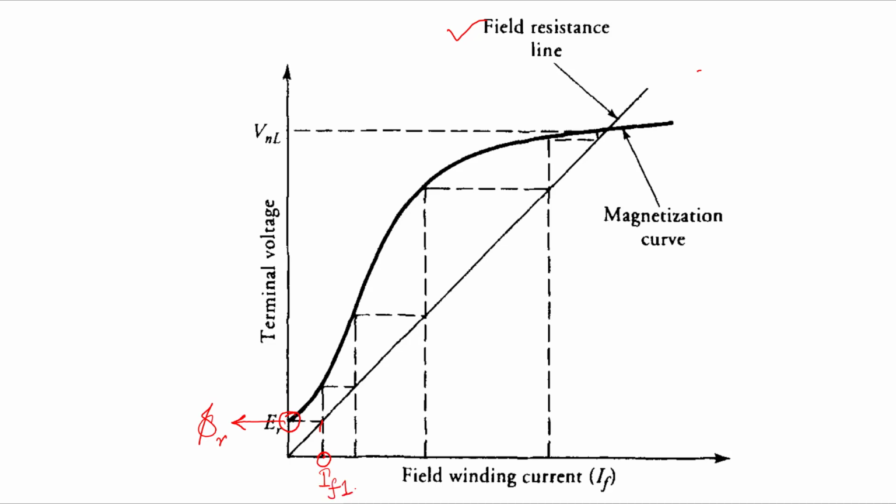Now, corresponding to IF1, what voltage will it induce? It will depend upon the magnetization curve of the core. So the voltage with IF1 will be, let us say, E1. Now with E1, again with the resistance line, the current will become IF2.